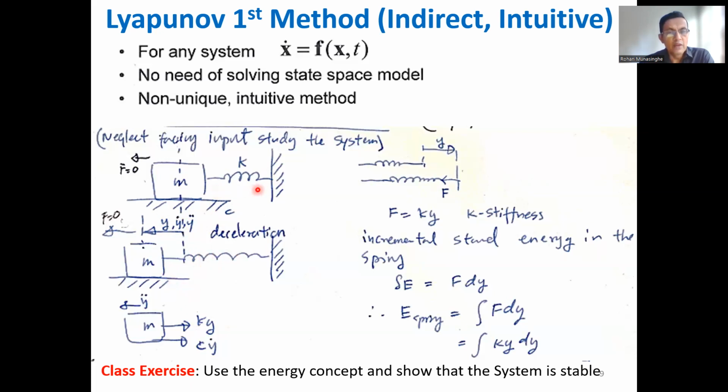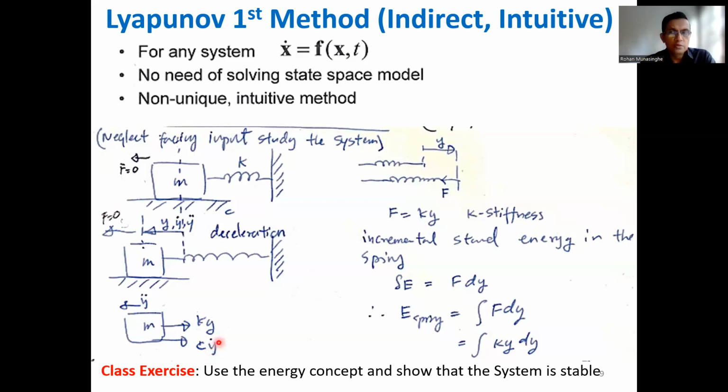There, even though we don't have a damper, we have friction on the ground, right? The mass is on the surface, and there's a friction, which is also a damping action. So it is Cy dot, a viscous damping. The opposing force is proportional to the speed.